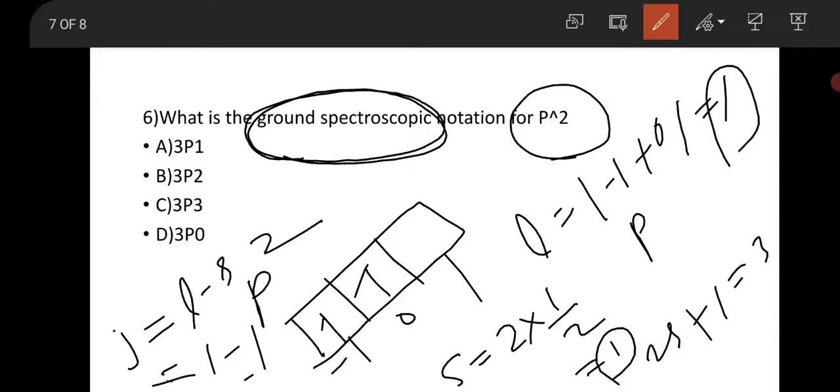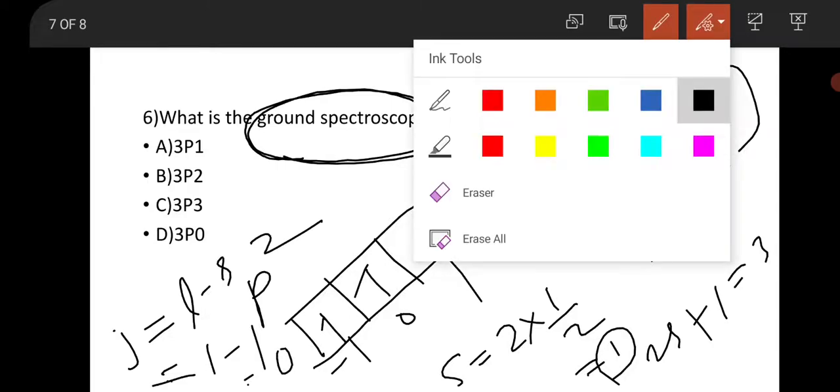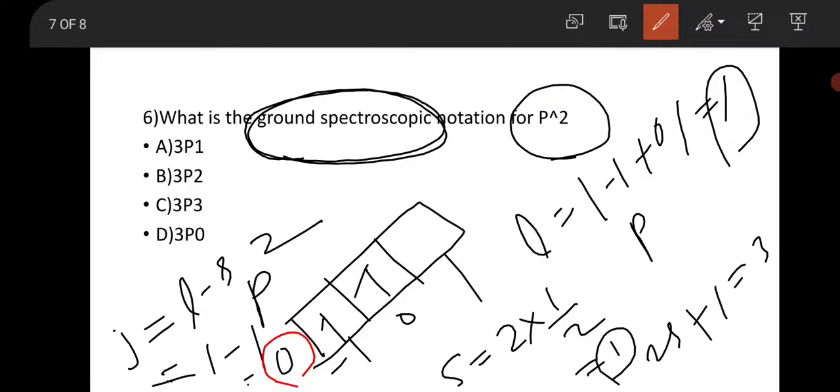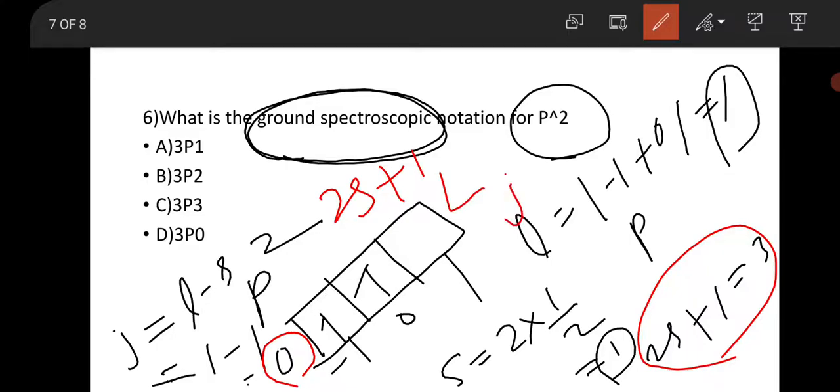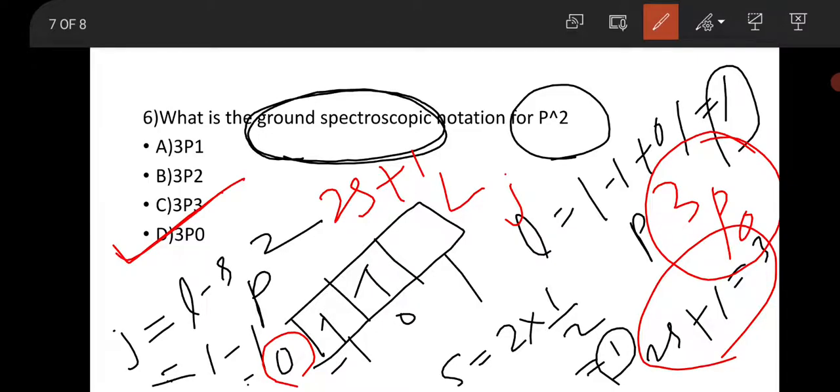So 1 minus 1 equal to 0. So our J is 0 and 2S plus 1 is equal to 3. So what is the spectroscopic notation? In general form it is 2S plus 1 L J. 2S plus 1 means it is 3, L means P, 3P, J equal to 0. So the spectroscopic notation will be 3P0. The answer, option D, will be the correct option to the question.